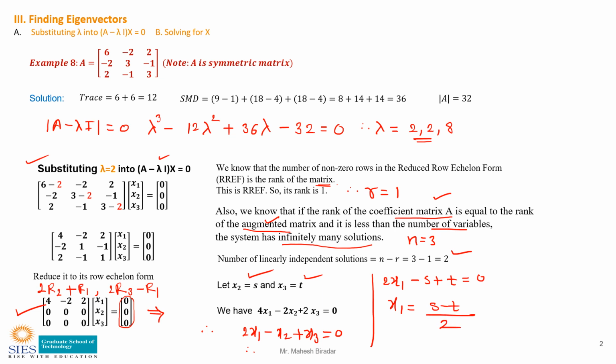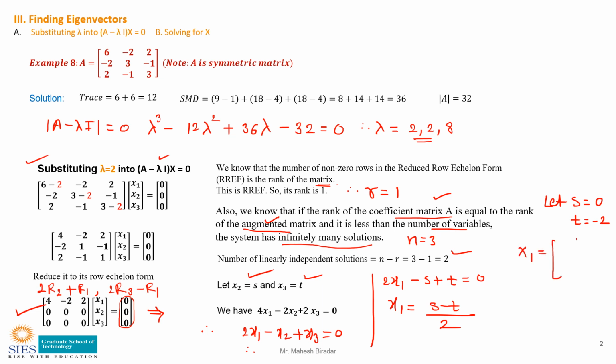Now, to find the eigenvector, we have to choose s and t as some arbitrary values. So I'm going to consider, let s is equal to, initially suppose, 0 and t is equal to minus 2.